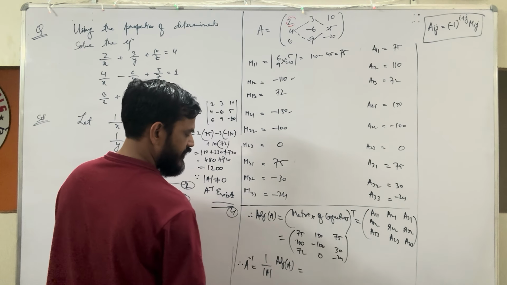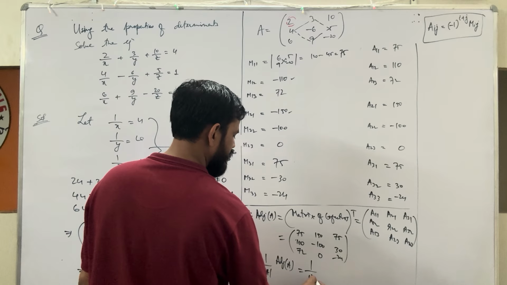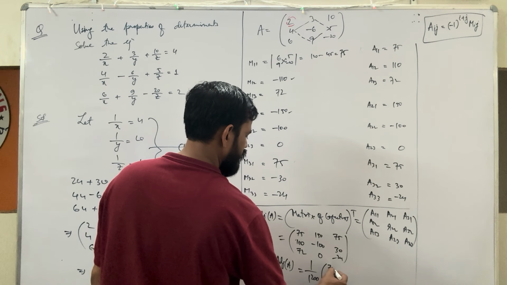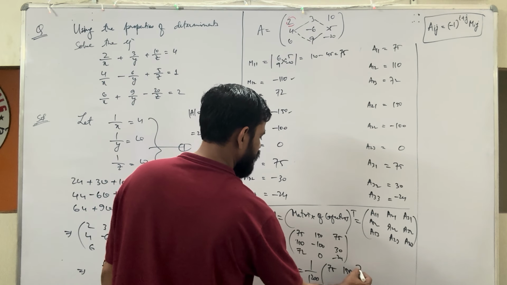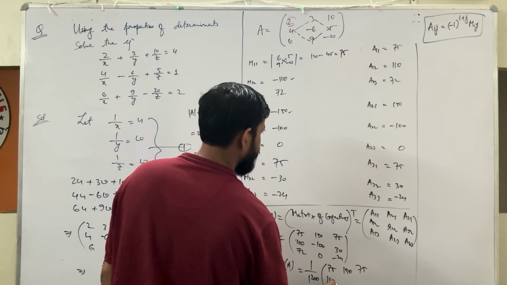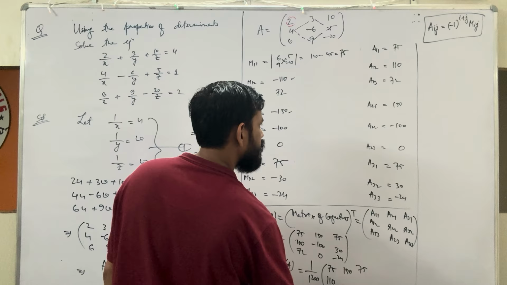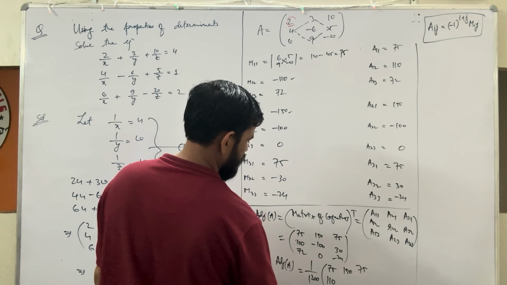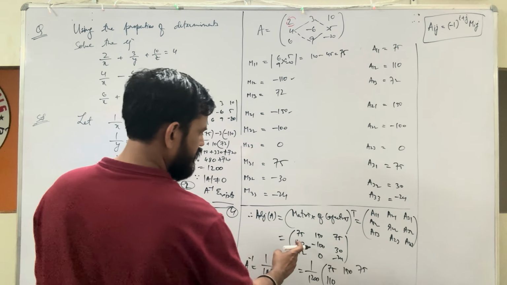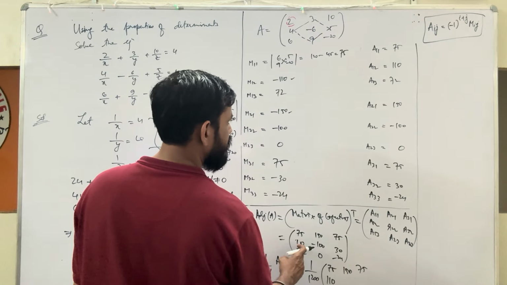So it turns out to be 1 by 1200 into 75, 150, 75, 110. One is, it looks like 150, right?